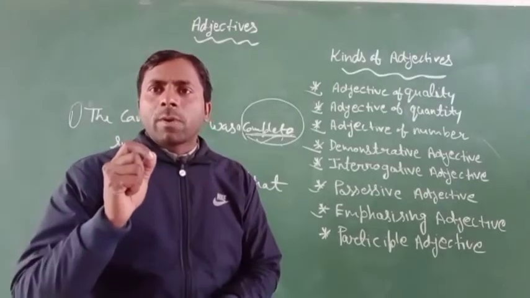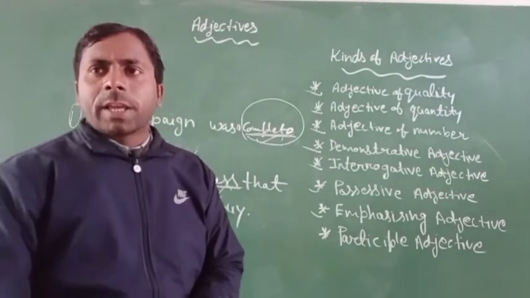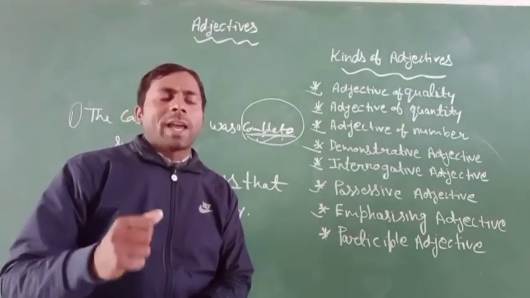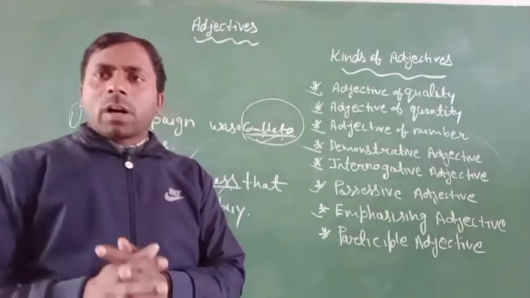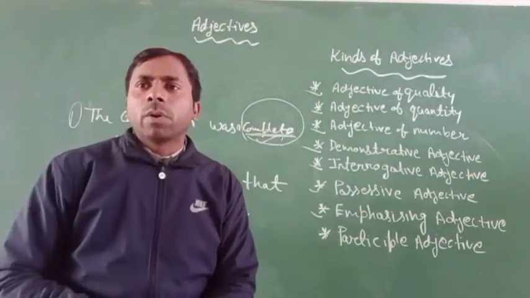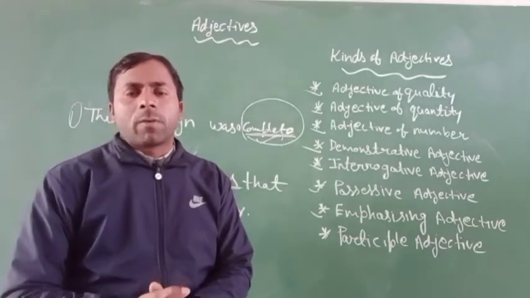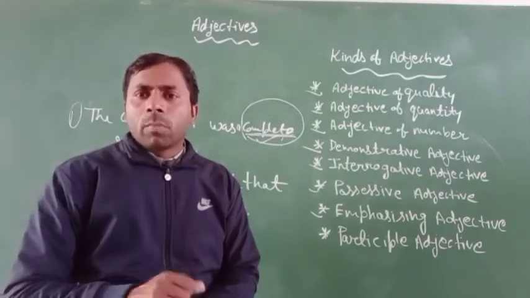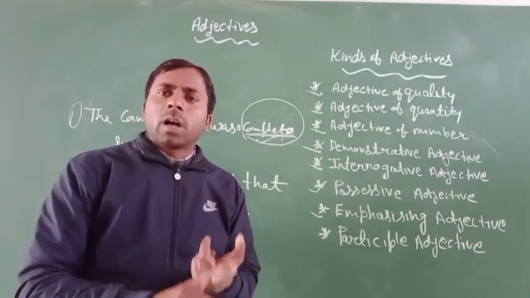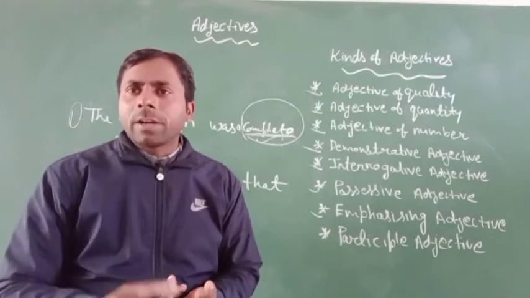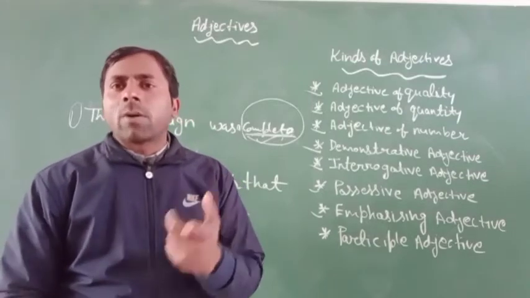And I have not purchased any pens. Here the word any is used as negative. Little is used with an uncountable noun and few with a countable noun. Little and few have the same sense, with the same meaning, but little is used with the uncountable noun and few with the countable noun.